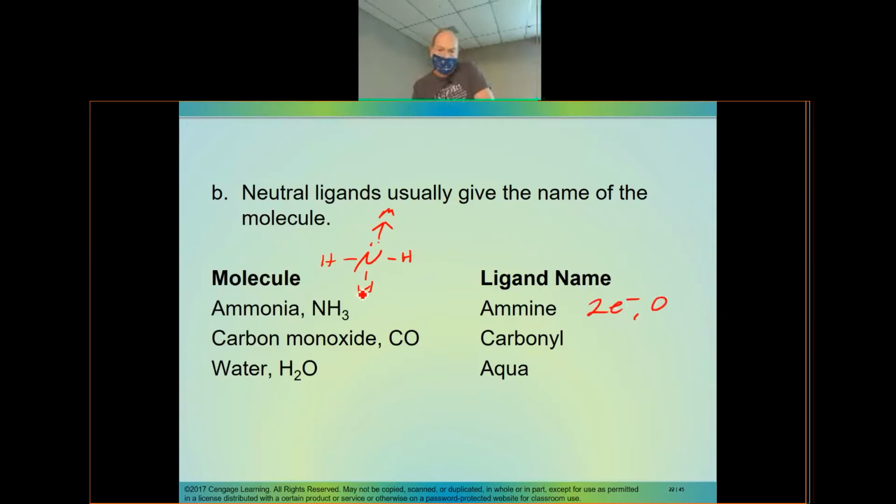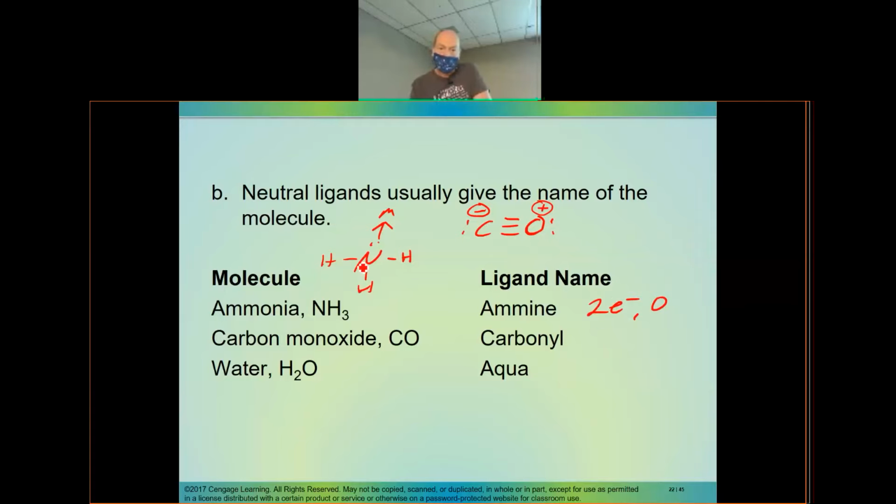It's neutral. Same as CO. When we draw the Lewis structure of CO, it is interesting because carbon should not have 3 bonds and an electron pair. That carbon is negative. Oxygen should not have 3 bonds and an electron pair. That oxygen is positive. And so you have a negative and a positive, and the net charge is 0.